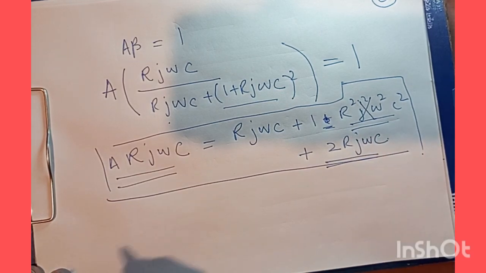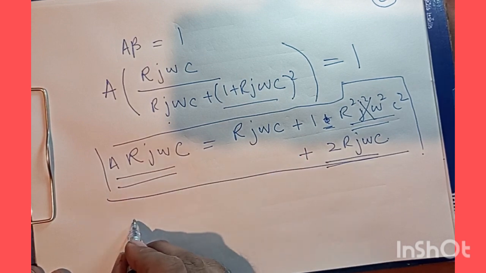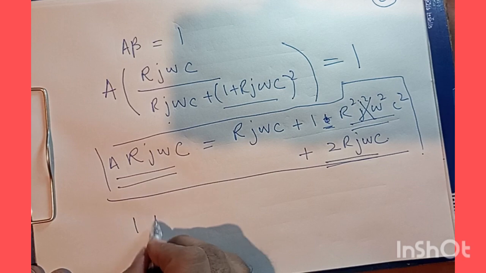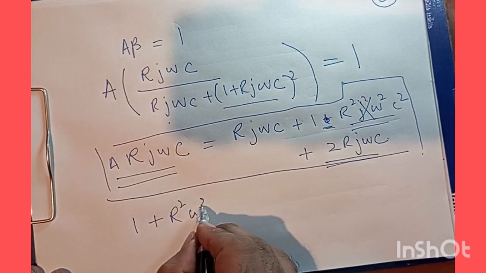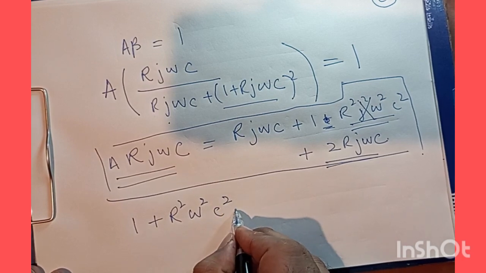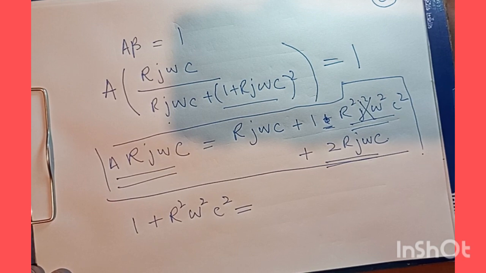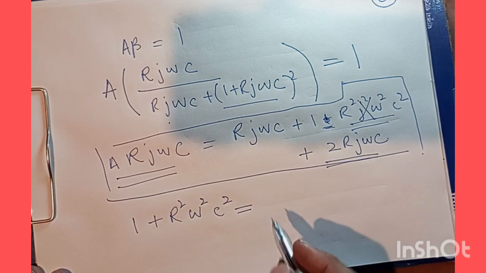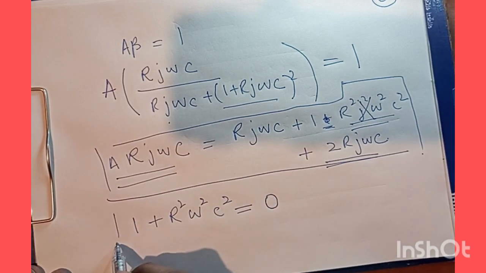So if I make a comparison of coefficients of real numbers, in that case what am I going to get is 1 plus R square omega square C square will be equal to 0, right?